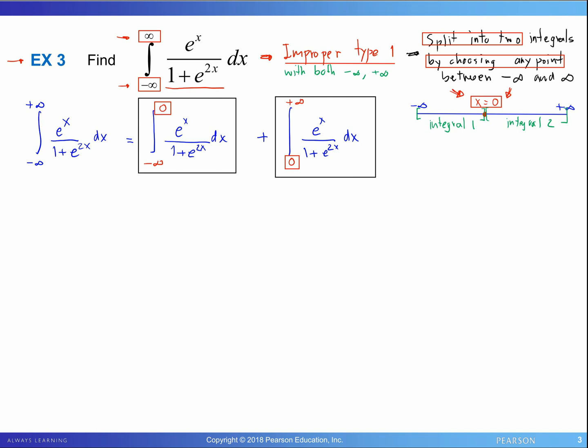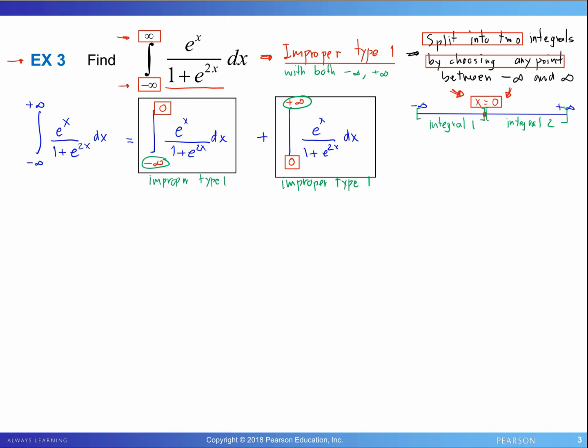Now let's take a look at the first one. It has negative infinity on the integral, which means that this one is improper type 1. And on the second integral, we have positive infinity on the integral, which means that this one is also improper type 1.